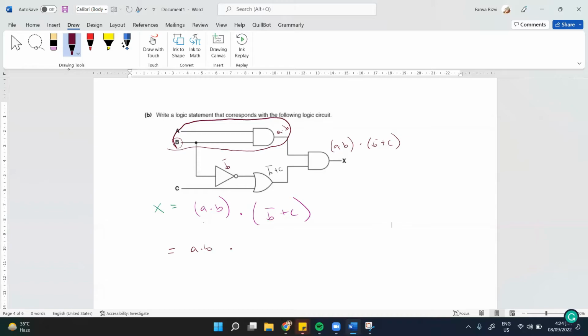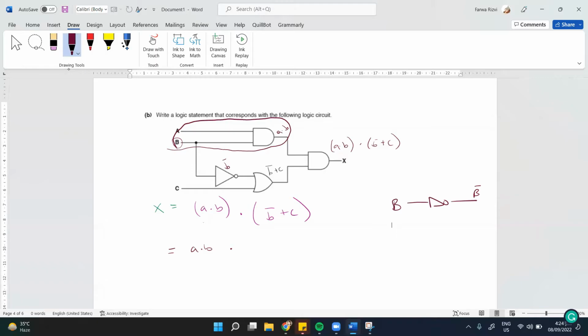When this goes with one input to a NOT gate, you're basically inverting it. So if you feed this B into the NOT gate, the output you get is going to be B bar.